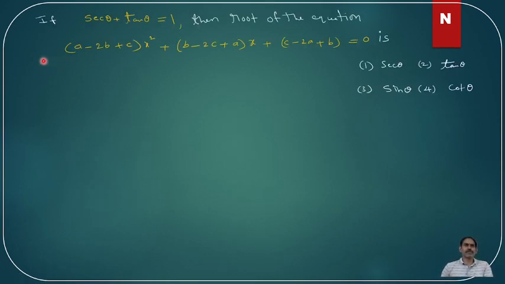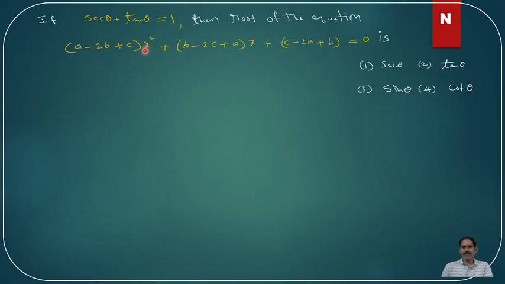The next question is, if secant theta plus tan theta equals 1, then the root of the equation a minus 2b plus c into x square plus b minus 2c plus a into x plus c minus 2a plus b equals 0 is option: secant theta, tan theta, sin theta, cot theta. Here clearly 1 is a root of this equation.